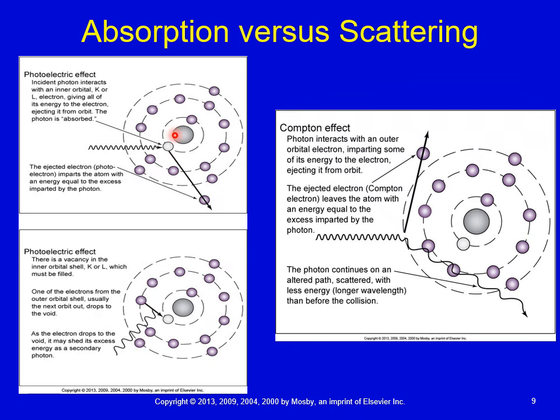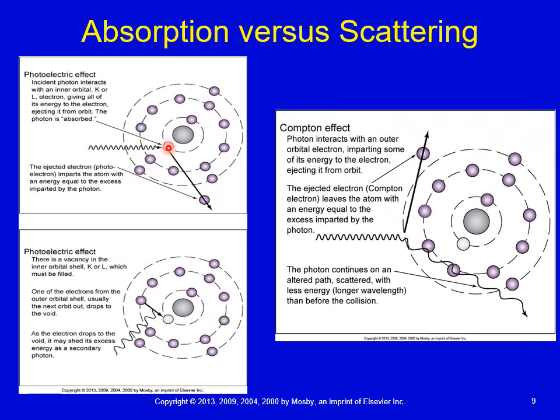So on this photoelectric side, we have that X-ray photon coming in. All right, this is your X-ray photon coming in, meaning the X-rays that are coming out of the X-ray tube. This is representative of a tissue atom. All right, so it's coming in and it's interacting with an inner shell electron. It is coming in with enough energy, so the keV or kVp is high enough, to actually eject that inner shell electron.